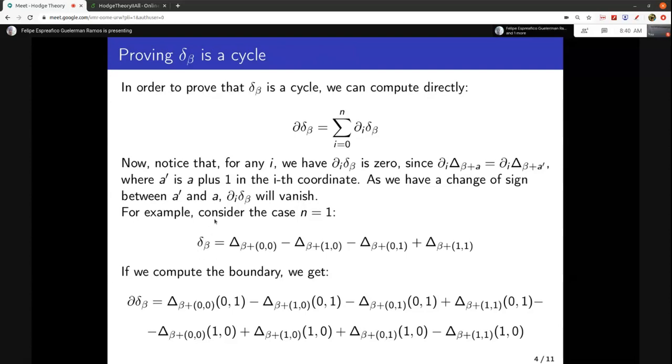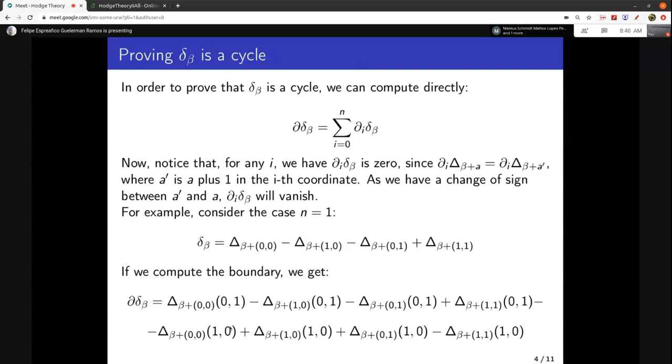So for delta beta, for n equals 1, we have delta beta is beta plus 0, 0, beta plus 1, 0, beta plus 0, beta plus 1, 1. So if we compute the boundary, we will get this applied to 0, 1, and this applied to 1, 0.